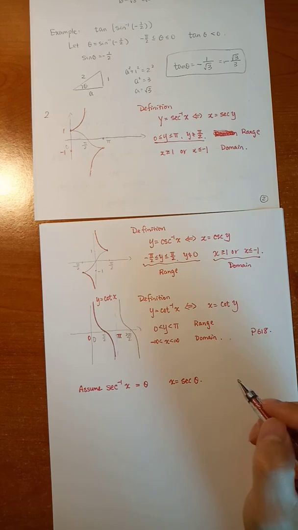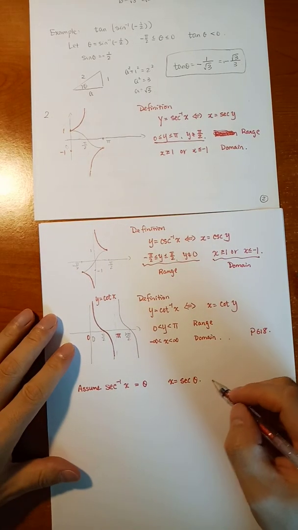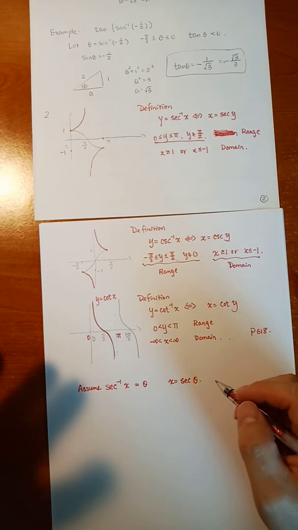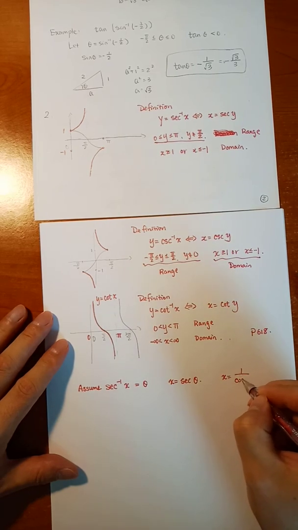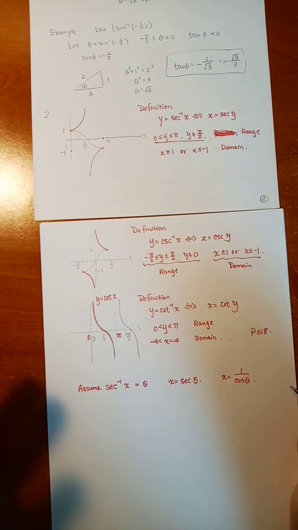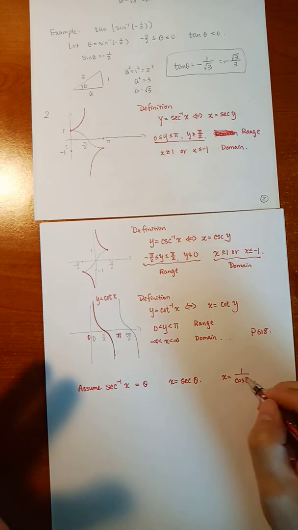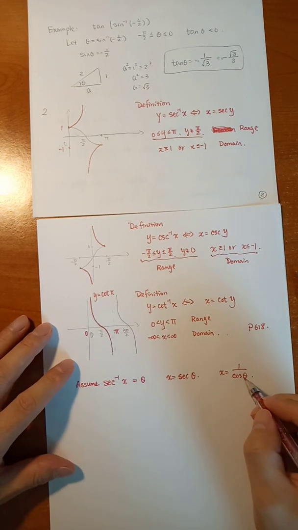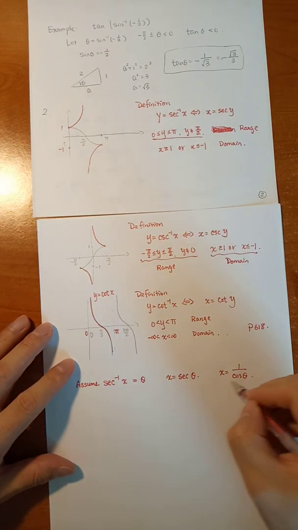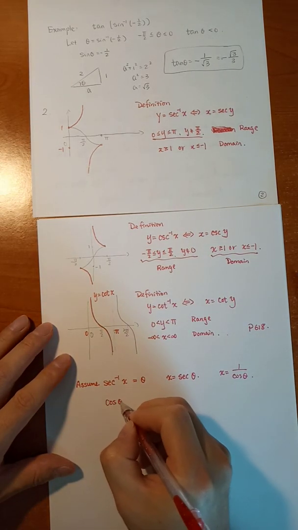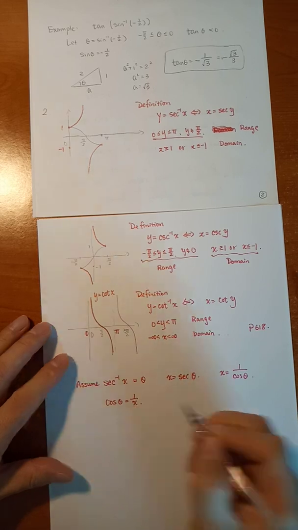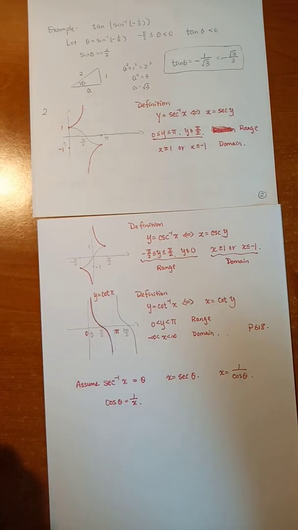You just pass to the secant function. The secant is 1 over cosine. So x is 1 over cosine of theta. Then we switch x and theta, so we get cosine theta is 1 over x.